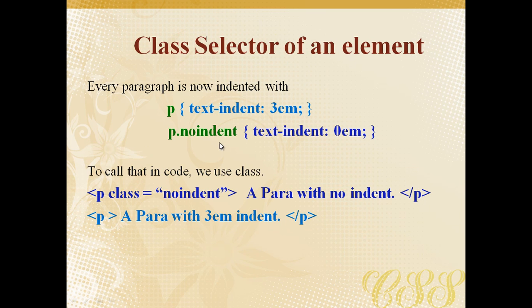So this is the declaration and this is how we use the code. p class no-indent, a para with no indent. That means this text will be displayed without any indentation. But if you just use the p as it is without the class, then this text will be displayed with an indent of 3em.